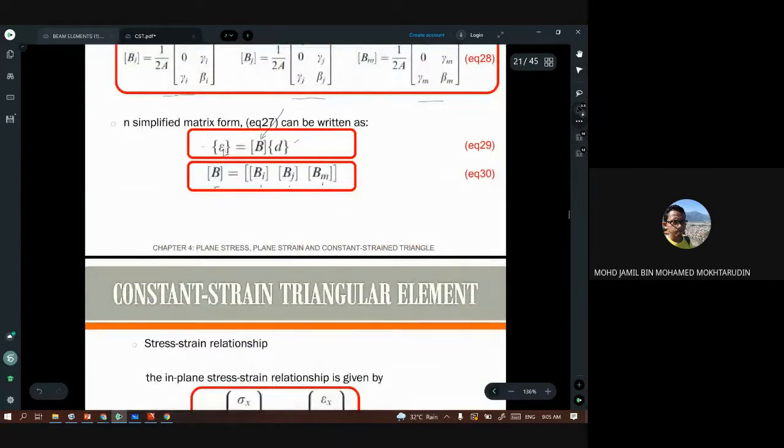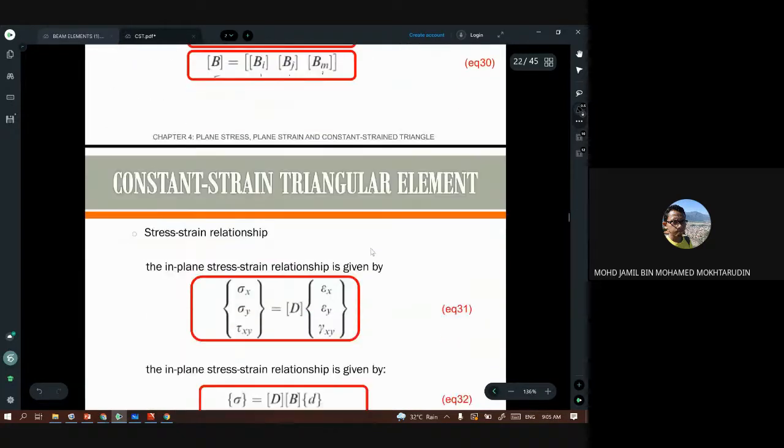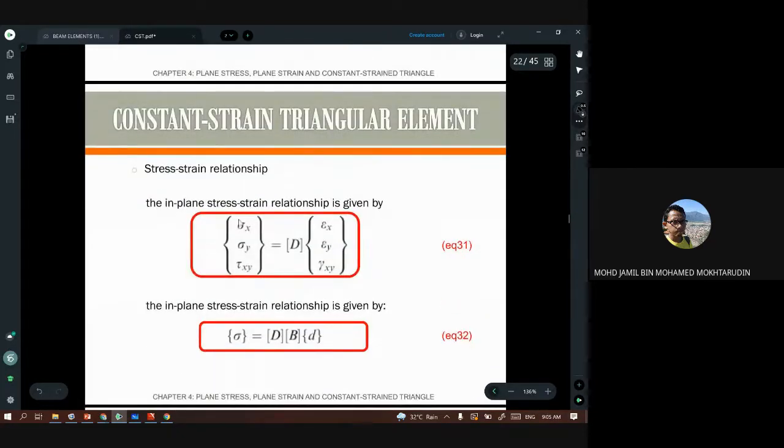To find strain, we use matrix B times vector D, the vector of the displacement. And to find the stress, for plane strain, you use the formula that I showed earlier. So sigma equals D times strain.